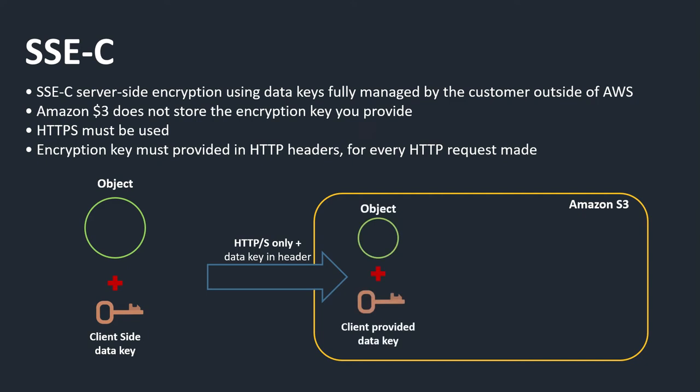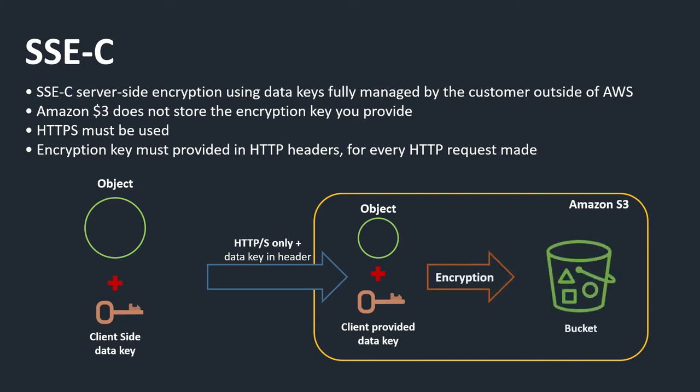Therefore Amazon S3 receives the exact same object and the client-provided data key. And then again it is server-side encryption, so Amazon S3 will perform the encryption using these two things and store the encrypted object into your S3 bucket.